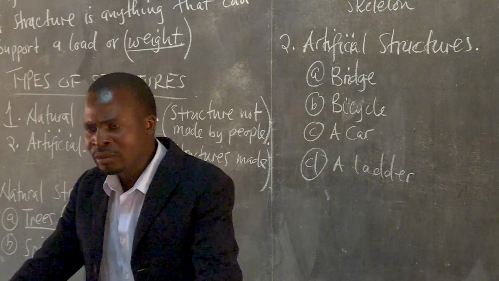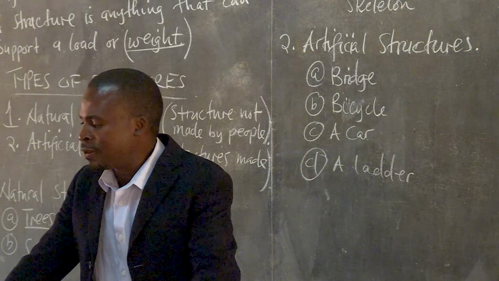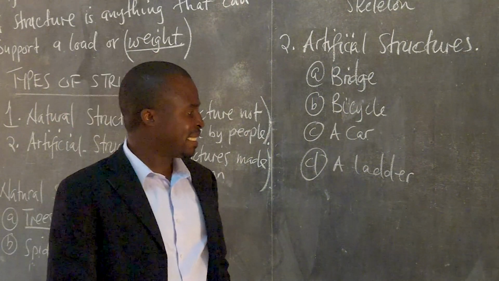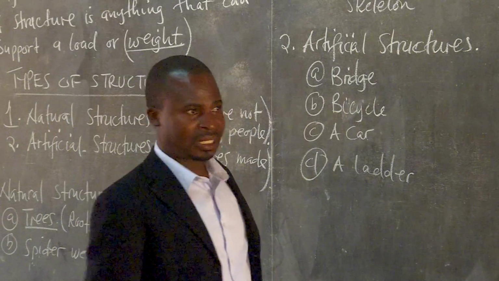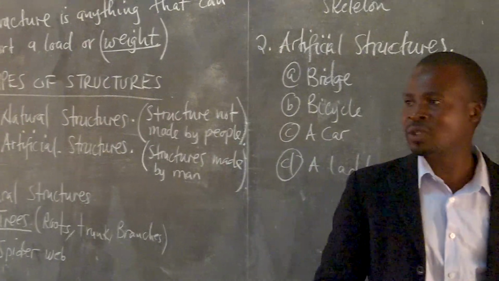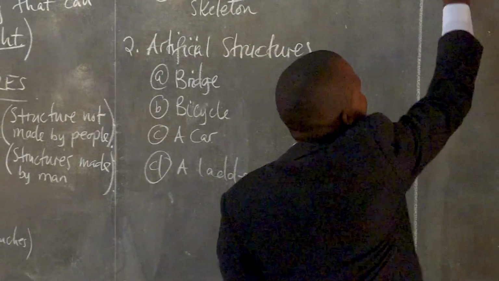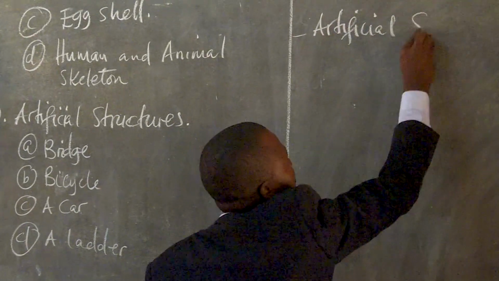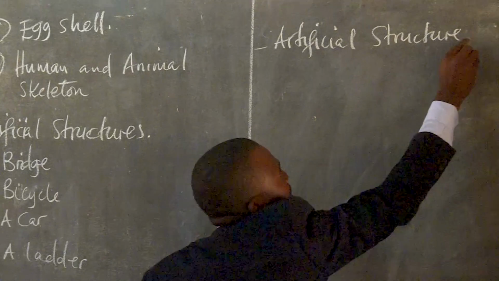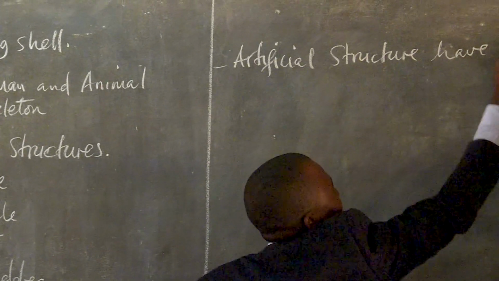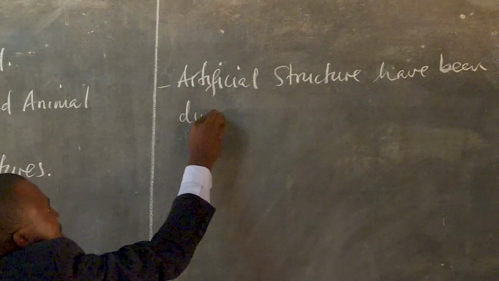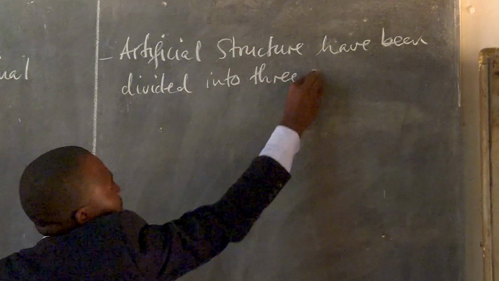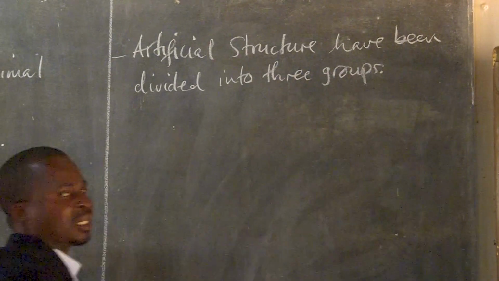Now, man-made structures are divided into groups. Are we together? Since artificial structures are sometimes known as man-made structures, we say they are divided into three groups.